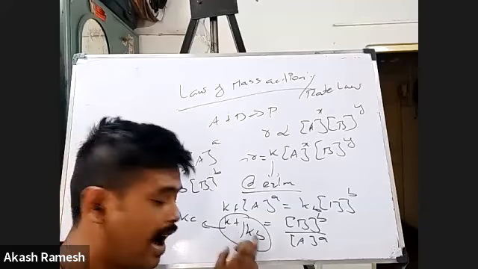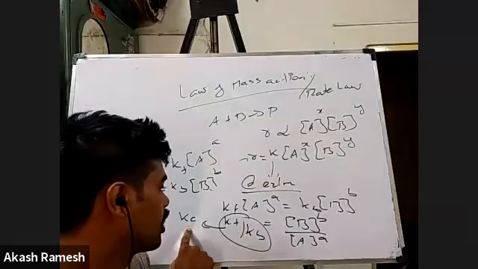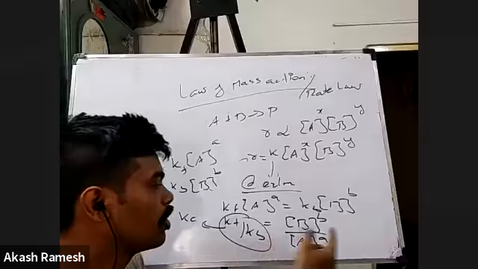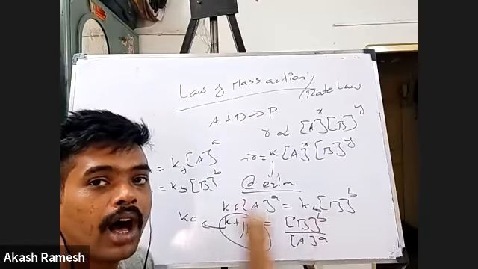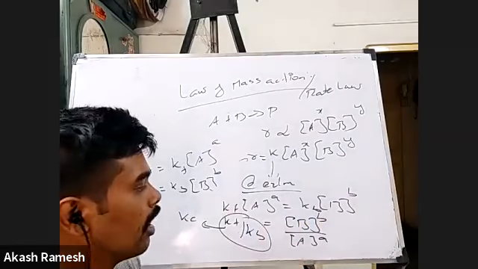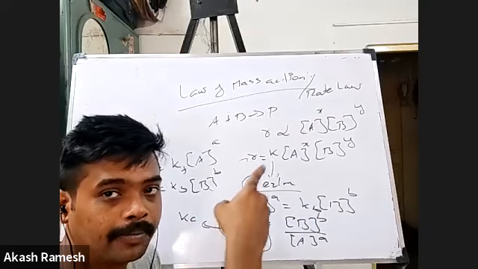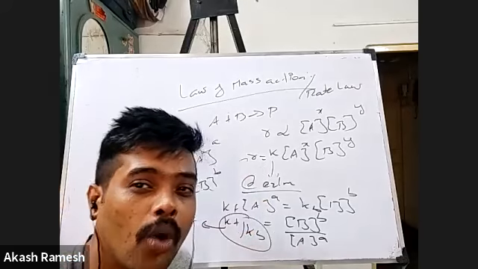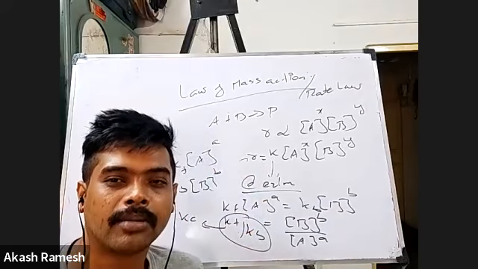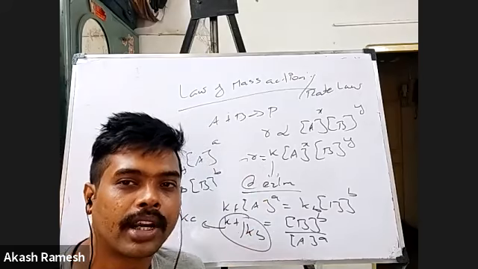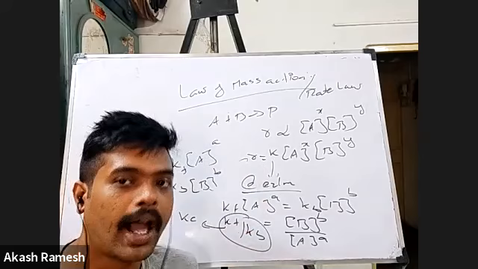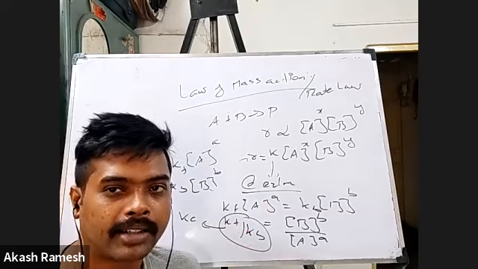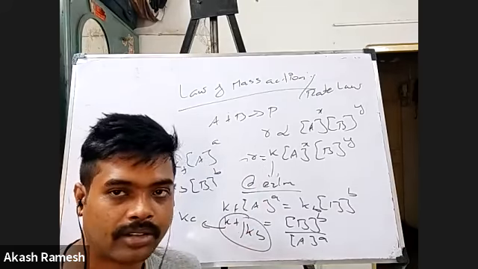Kc is equal to products raised to the powers divided by reactants raised to the powers. This is how I get the equation for your equilibrium constant with the help of your rate law. So if someone asks you what this equilibrium constant is, just tell them that it is the ratio of the forward rate constant and the backward rate constant, Kf by Kb, which is equal to products divided by reactants raised to their stoichiometric coefficients.